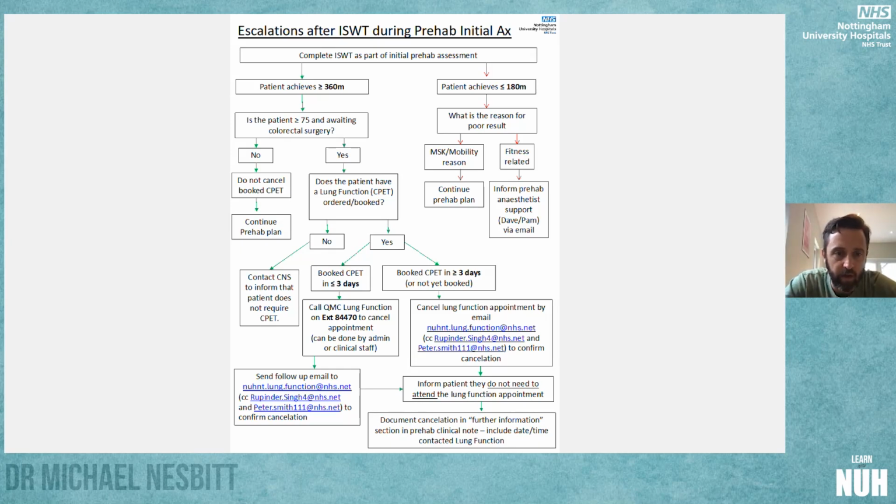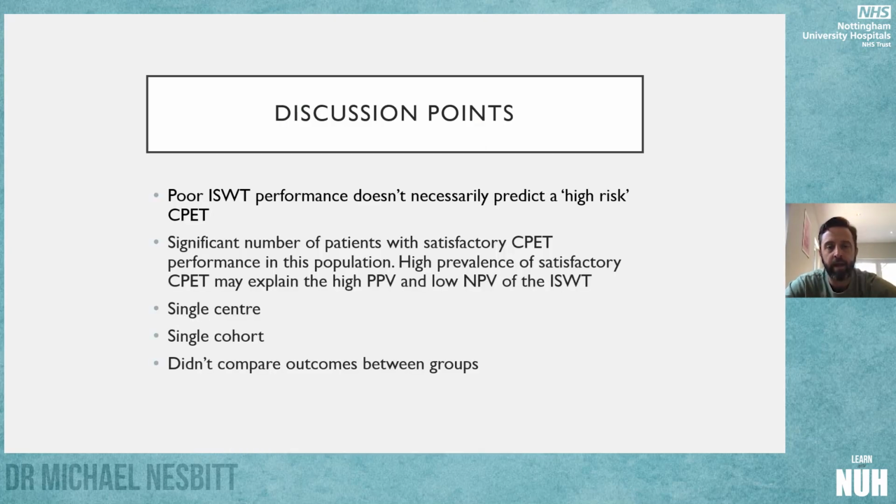If they've already got a CPET ordered, that can be cancelled. It can be used for another patient. If they haven't already got a CPET ordered or booked, they don't need that appointment. That can be used for somebody else, save a little bit of money there, hopefully, and potentially improve the use of the waiting list for those patients who do require it, either perioperatively or otherwise.